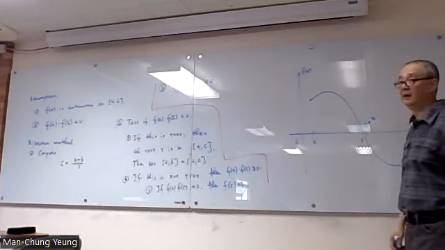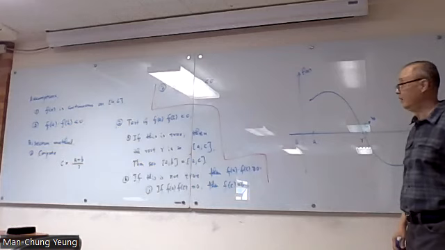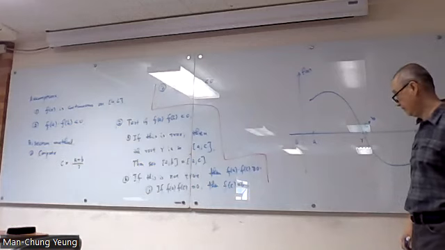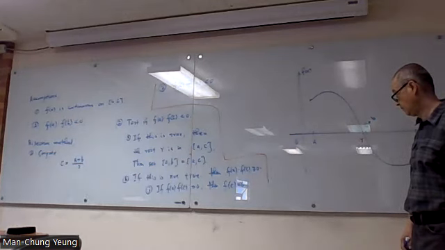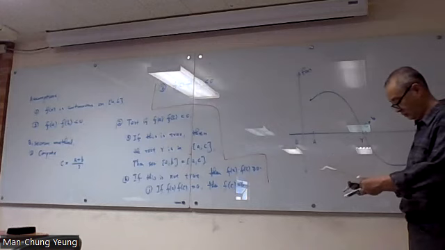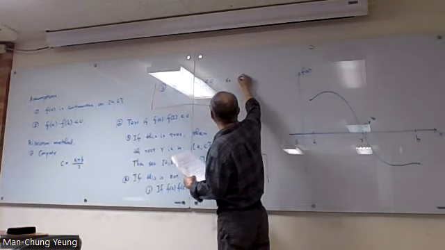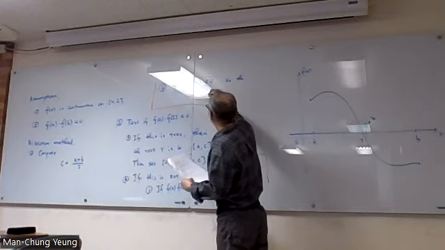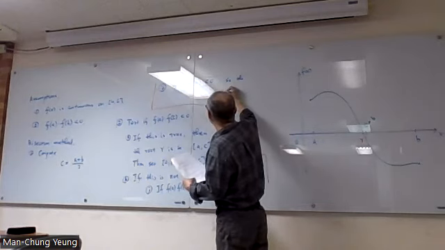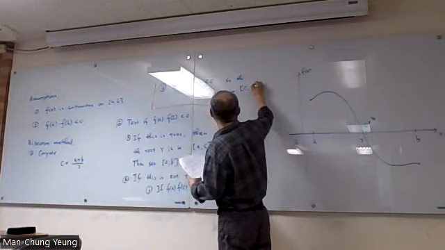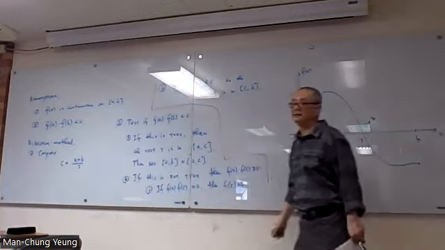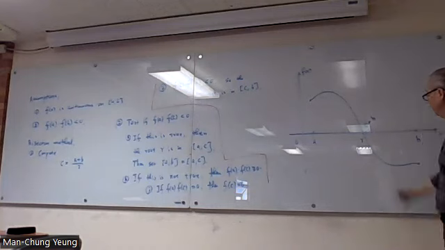Makes sense, right? So in this case, the root is in CB.